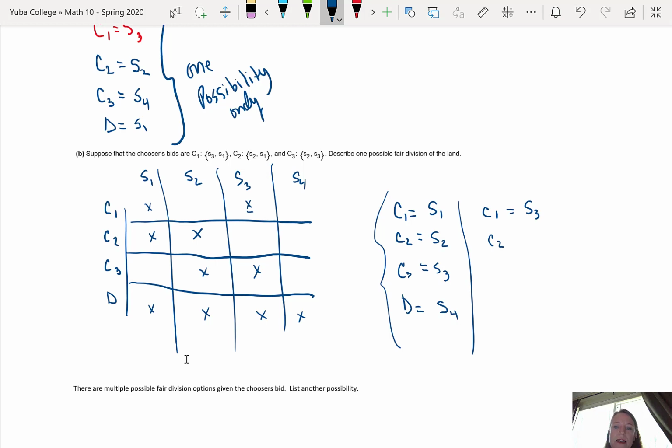Yeah, it does. C sub 3, S sub 3 was one of their choices. So the only other thing they could get is S sub 2. Well, if they got S sub 2, then C sub 2 would have to get S sub 1, which would leave the divider with S sub 4. So there's another possibility that could work.